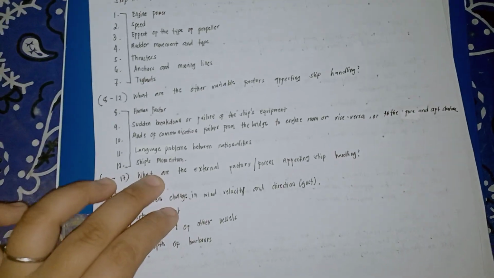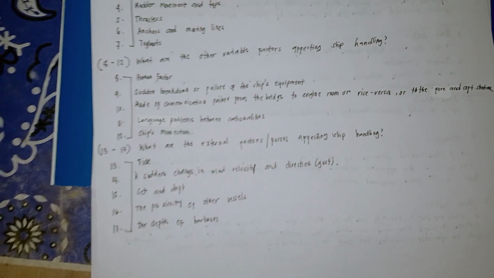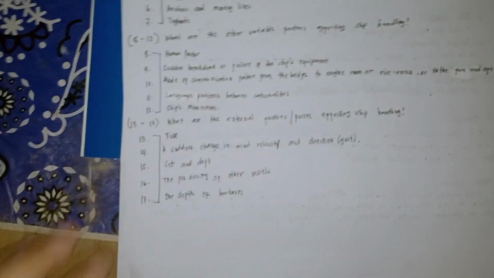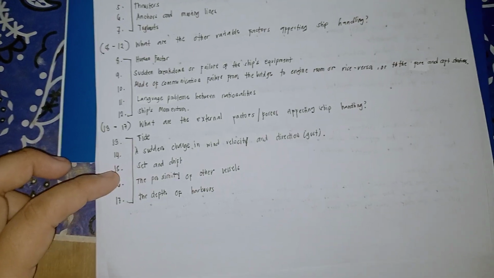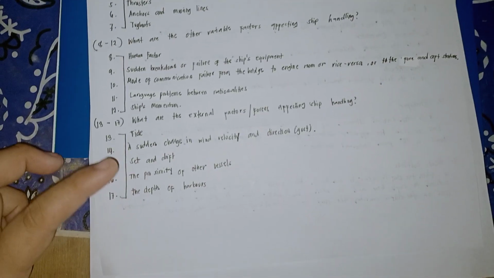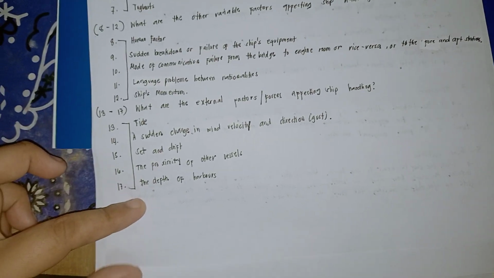Number 12, ship momentum. For our 13 to 17, what are the external factors or forces affecting ship handling? We have tide, a sudden change in wind velocity and direction or gust, set and drift, the proximity of other vessels, the depth of harbors.